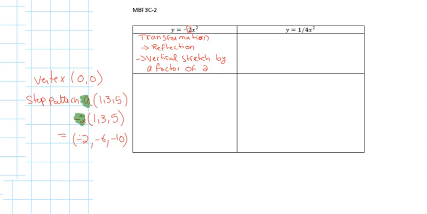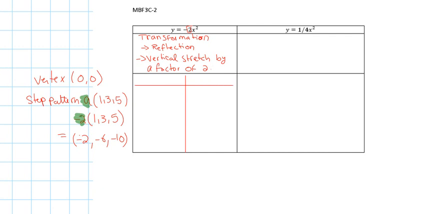So if I have this, my vertex is going to be right here at 0. And I have to go down 2 over 1.